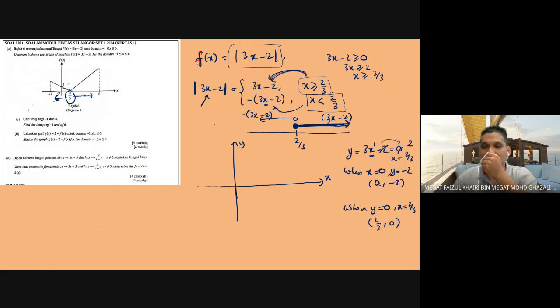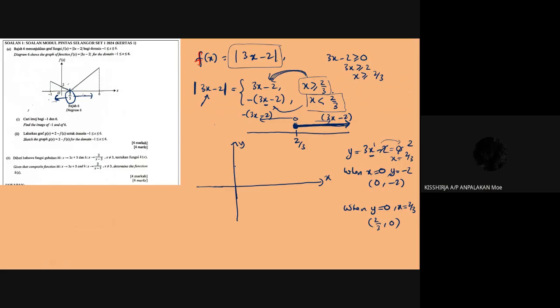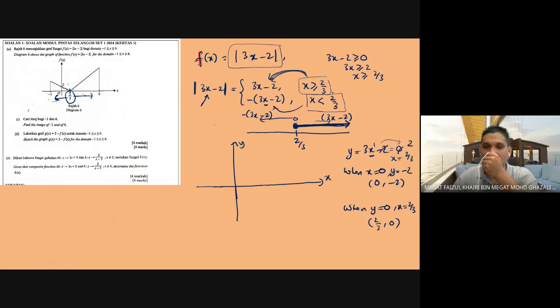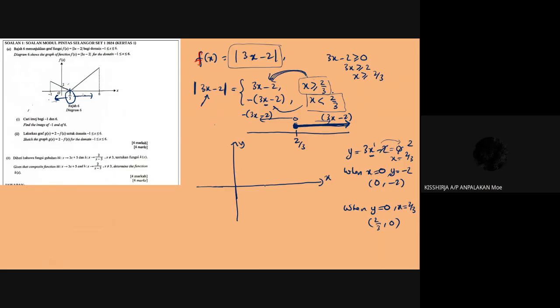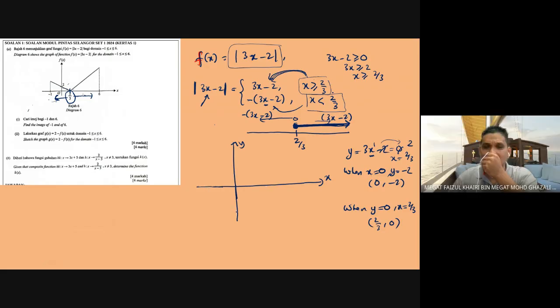Tell me, where is the coordinate (0, -2)? Is this the one? No, down. What about here? No. Then here? No. This one? Yes.